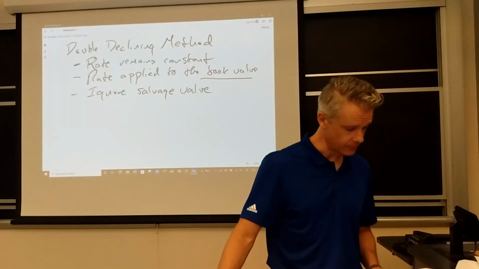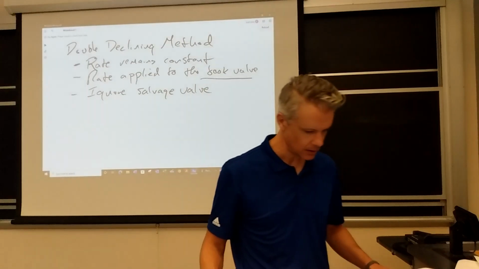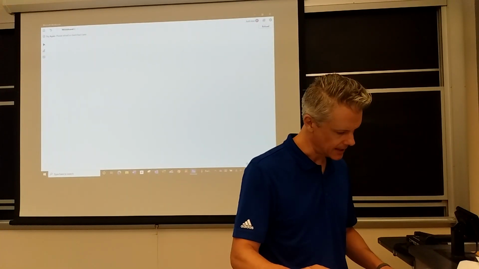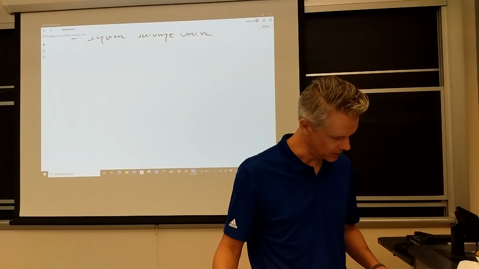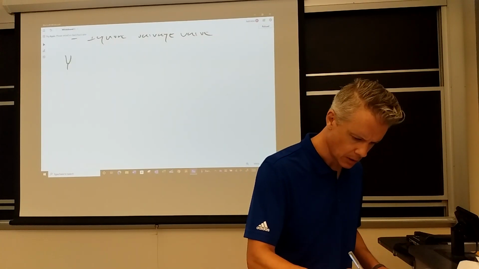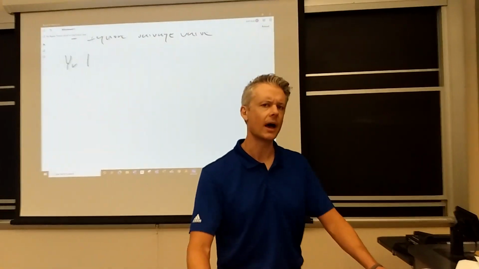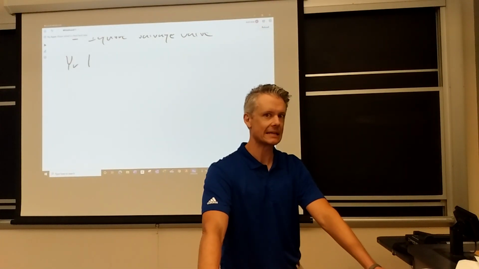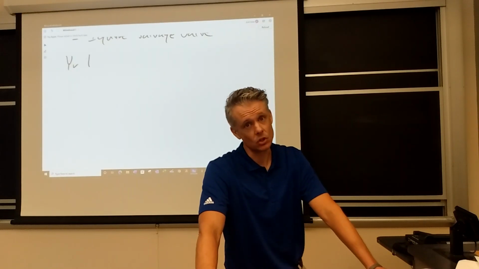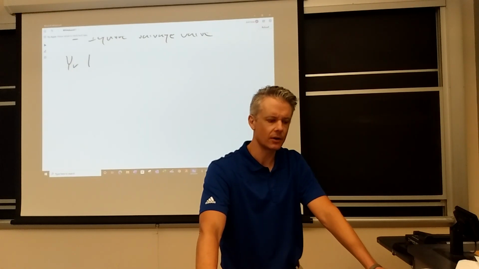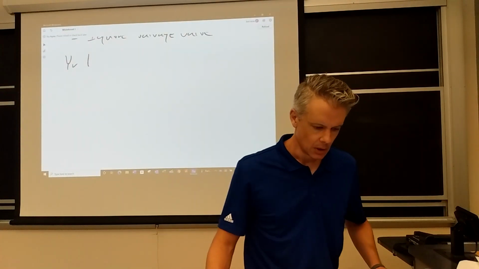All right, I think we're ready for E14 with the double declining method. Here we go. Year 1 depreciation. What's the book value when we bought this in May? It's what we paid for it, right? We haven't used any of it yet to generate revenue.